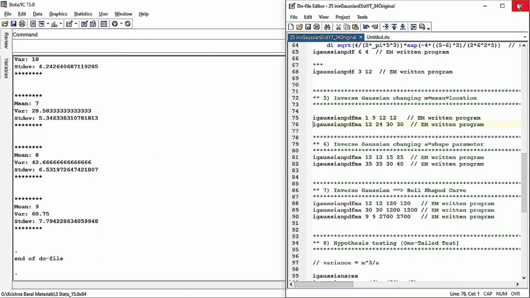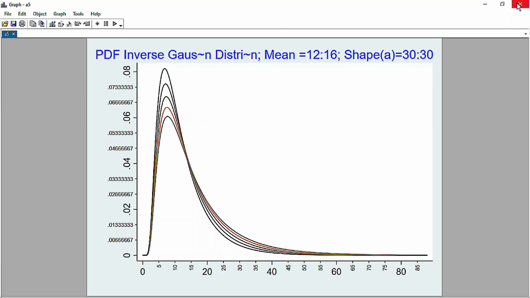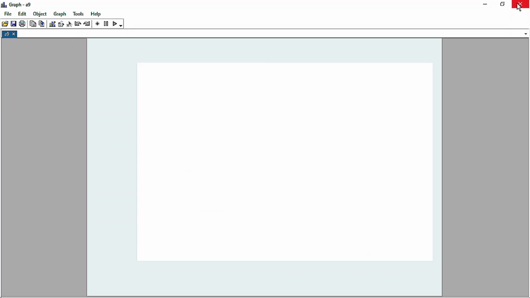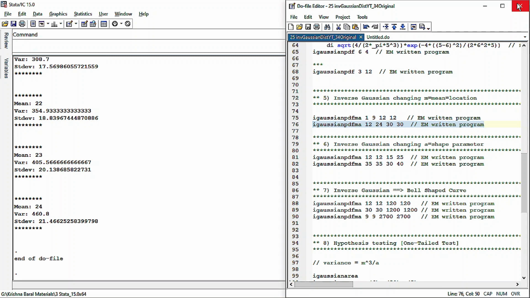Now let us reinforce this concept, and we are going to change the mean parameter from 12 to 24, when the shape parameter is 30. Let us see what kind of graph we see. Now let us change the shape parameter, and we are going to keep our mean parameter m to be 12, and the shape parameter changes from 15 to 25.